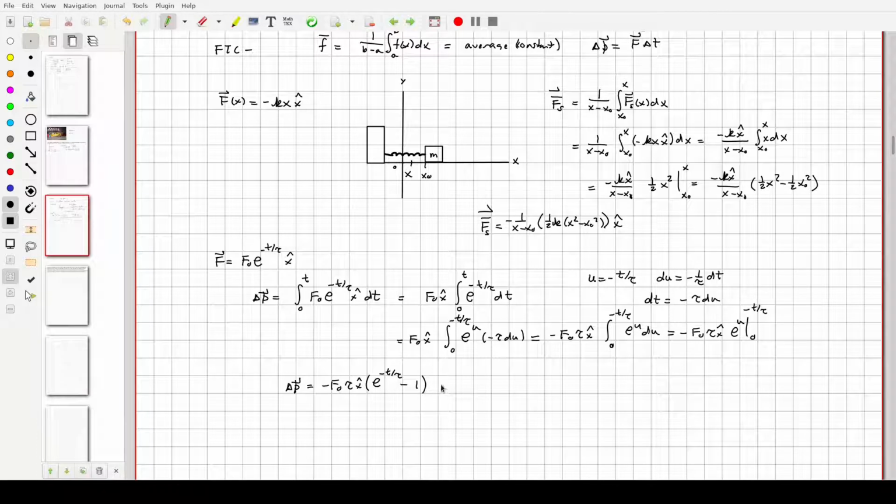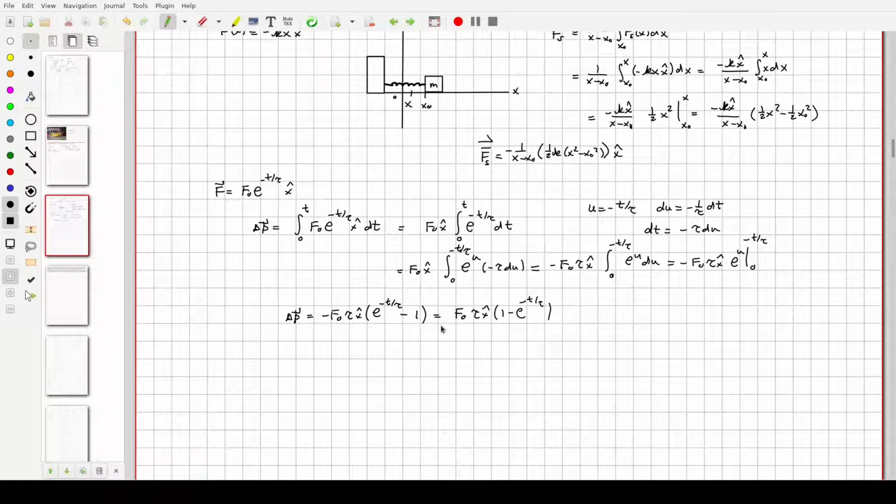Or if you run the negative through, which is typically how this is written. So now you can see how it decays. As this gets bigger, this right here gets smaller, so you can see the force or the change in momentum do its thing here. Okay.